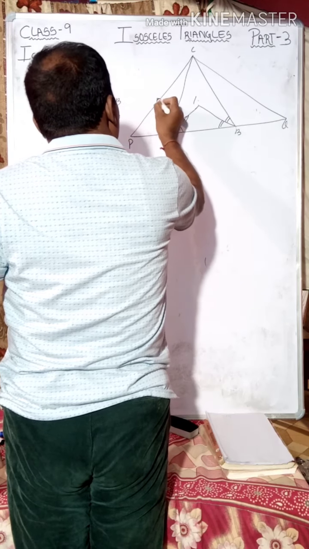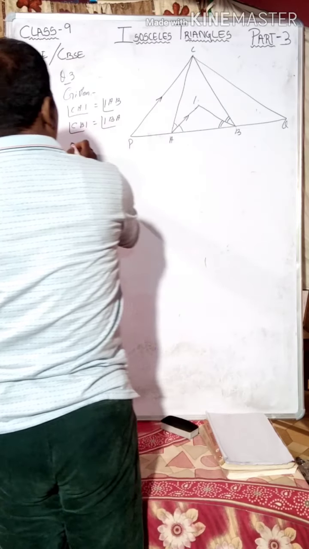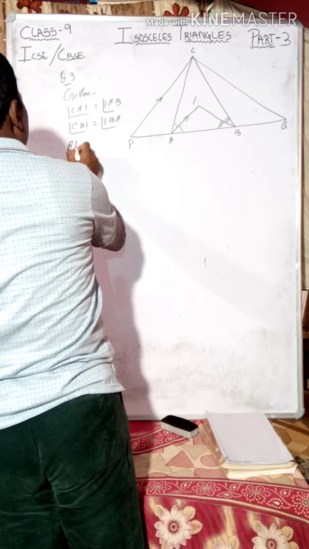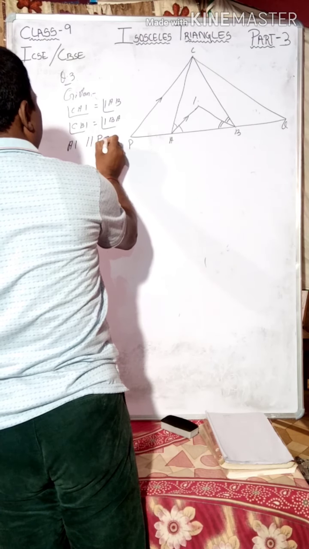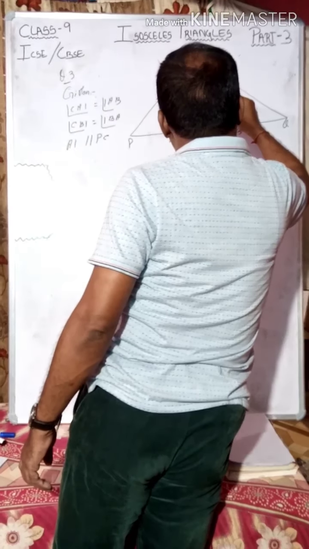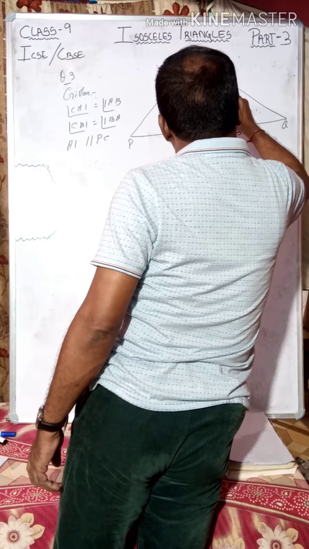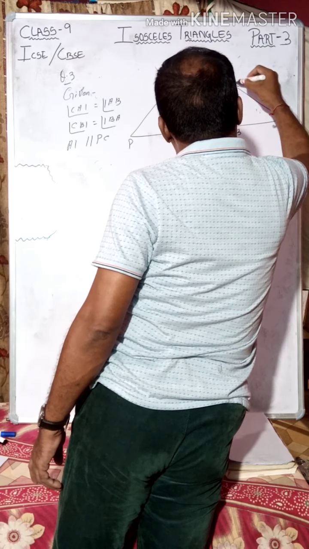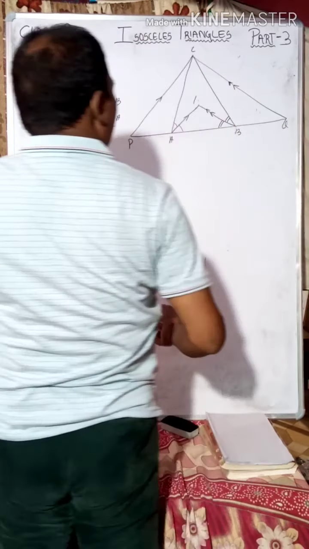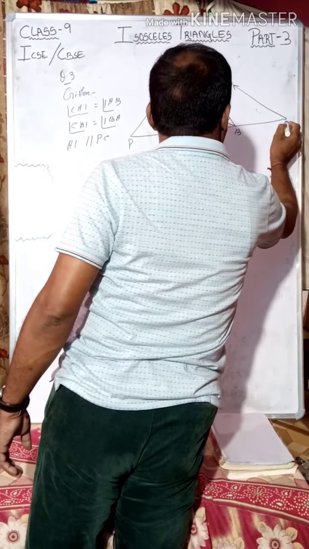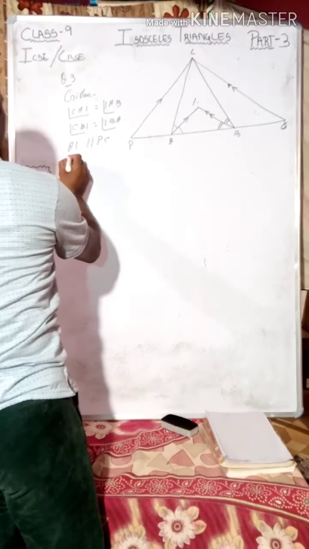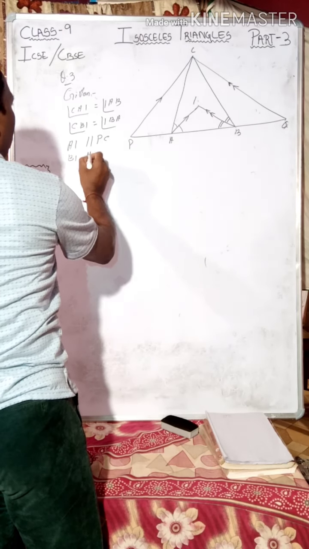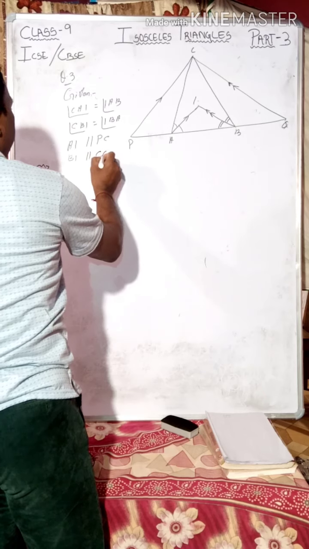Then AI is parallel to PC, and BI is parallel to CQ.